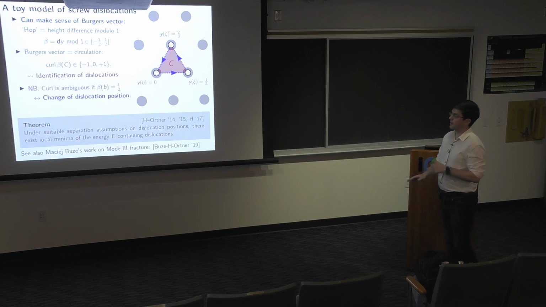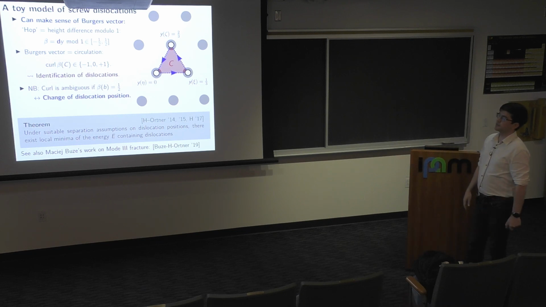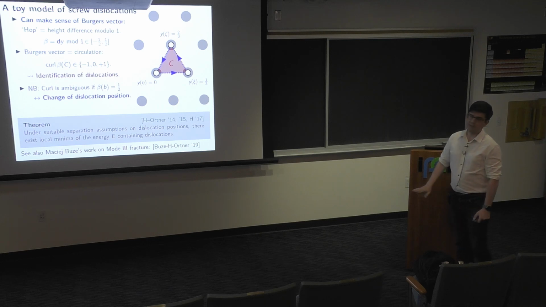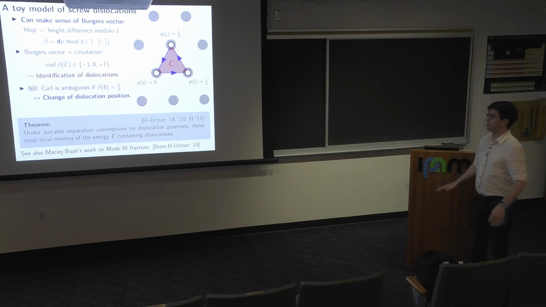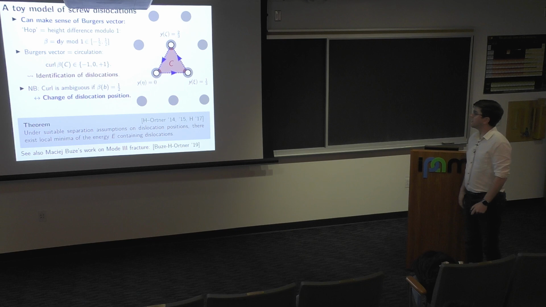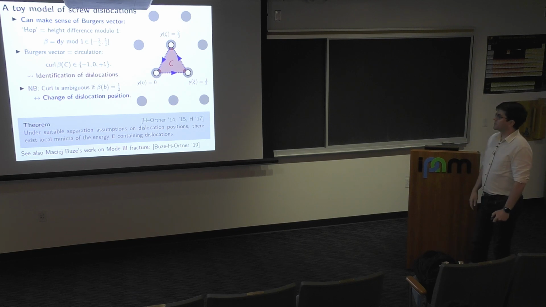He did some careful analysis for a model of mode 3 fracture, where various technical details become much more complicated because fracture fields are much more slowly decaying. But yeah, those are the results.